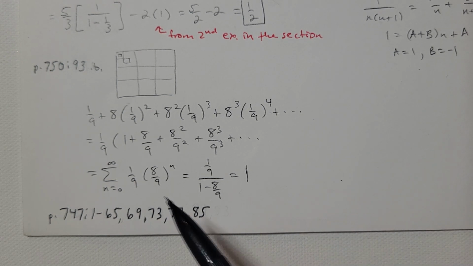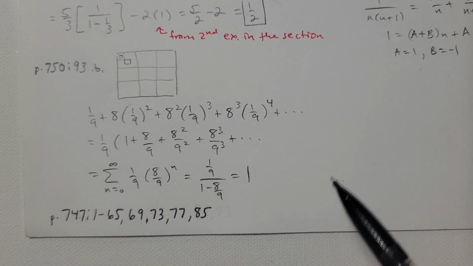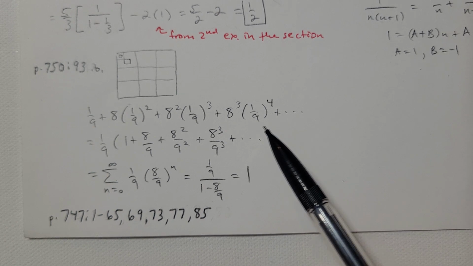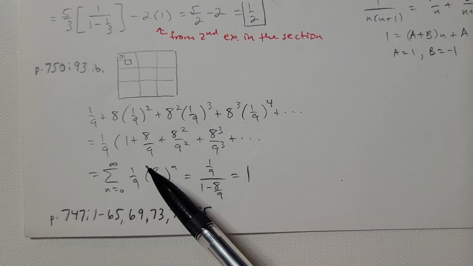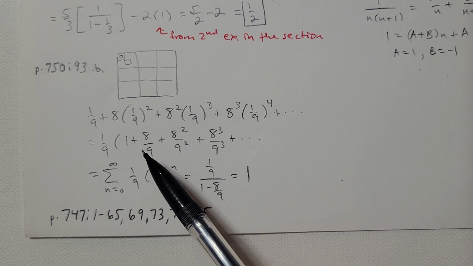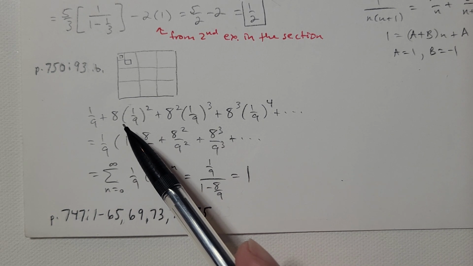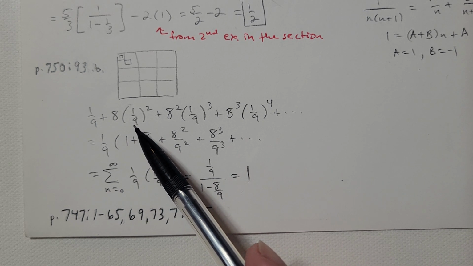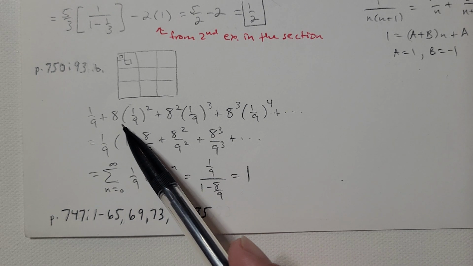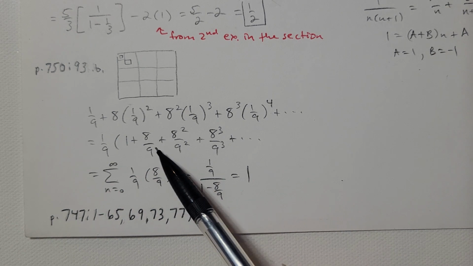Okay, so that's what I'm doing. 1/9 is in common to all infinitely many of these terms, so let's go ahead and factor that out. The leftover then would be 1 plus 8 divided by 9, since I'm factoring out a 1/9.